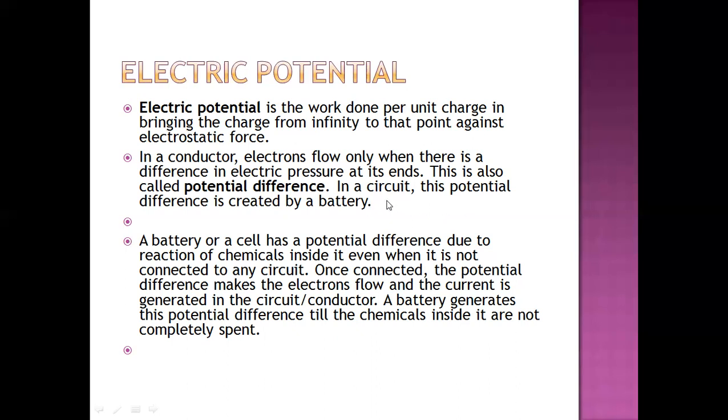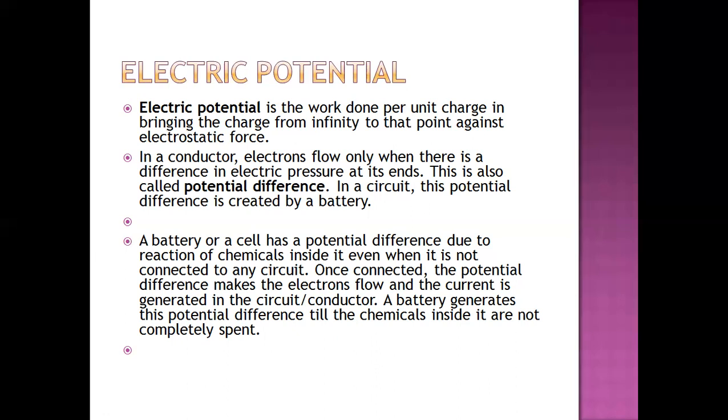A battery or a cell has a potential difference due to the reaction of chemicals inside it, even when it is not connected to any circuit. In a battery or a cell, chemical reactions always take place and produce positive and negative charges, even if it is not connected in a circuit, meaning even if it is not in use.